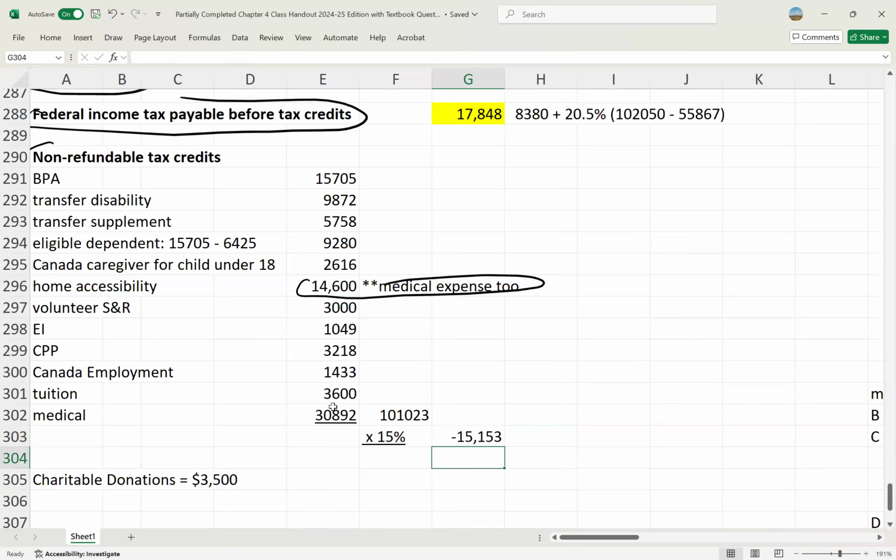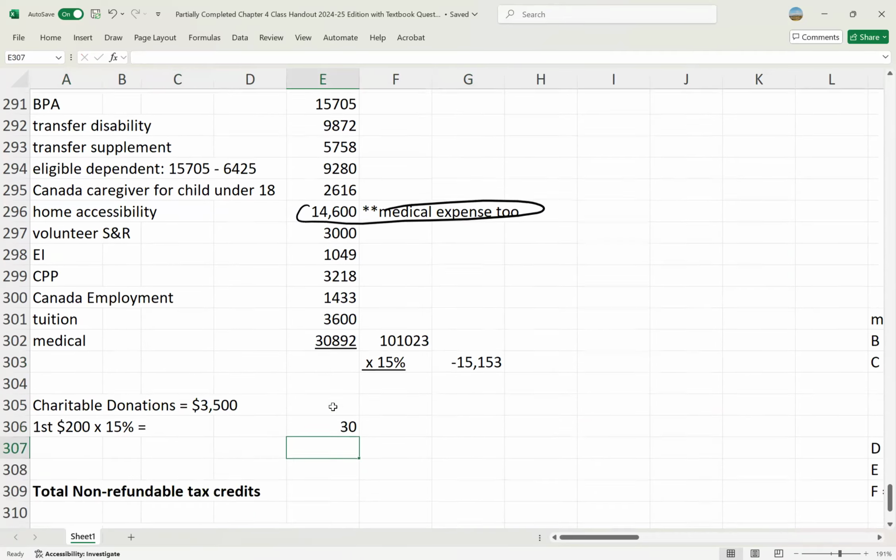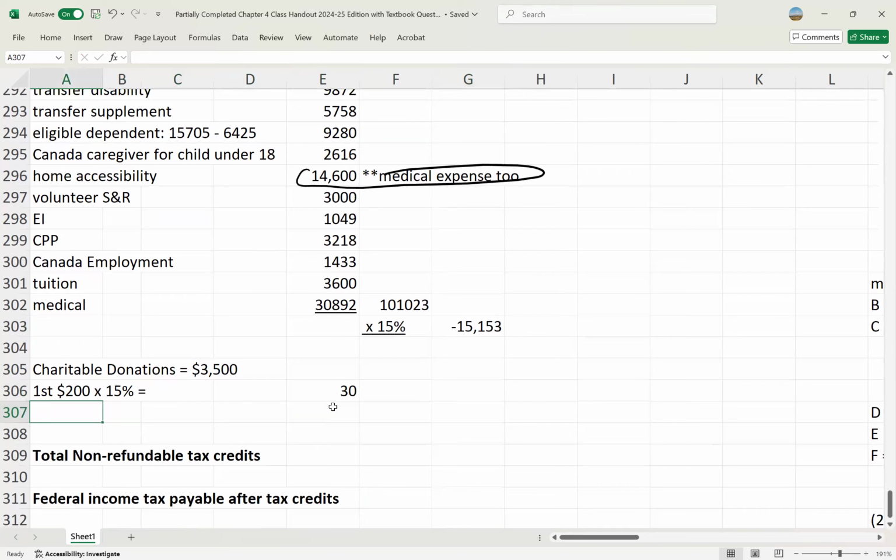And then we have the donations. So remember the donations, the first 200 at 15%. And so that's going to be $30. B is not applicable.